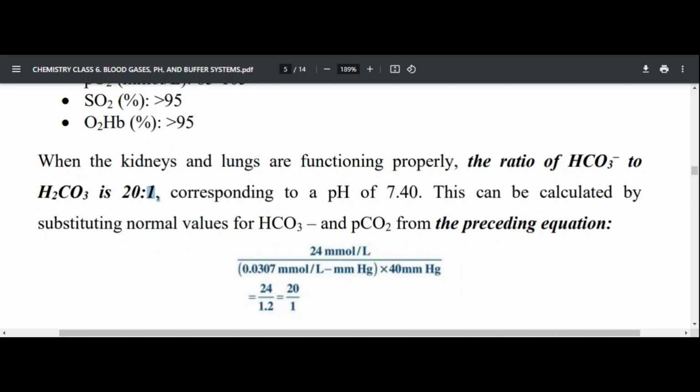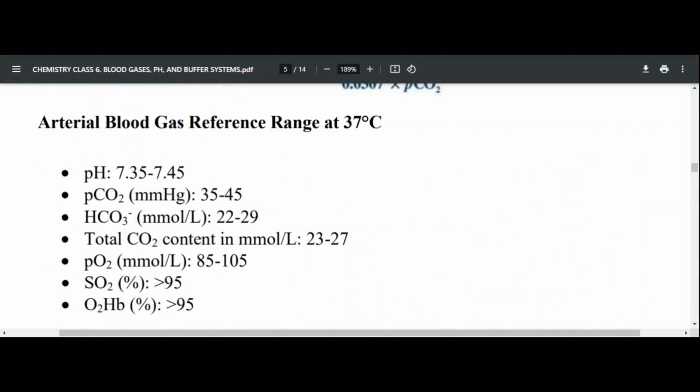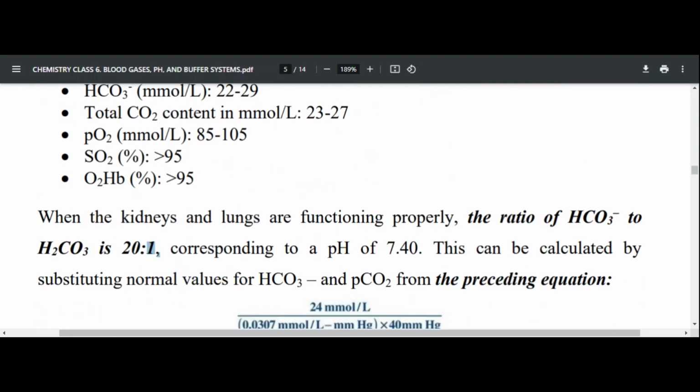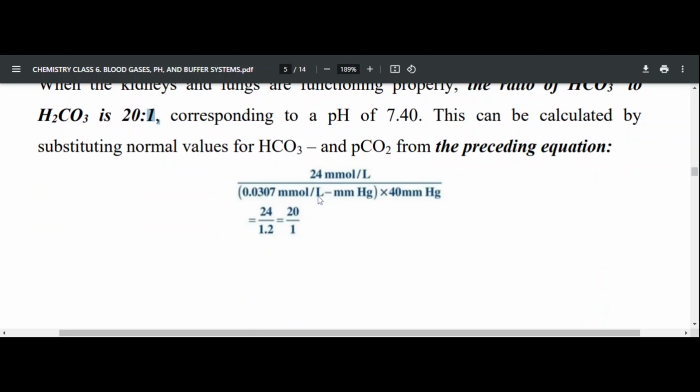So then you can substitute our variables using this formula. When you substitute the bicarbonate, which is 24, over the partial pressure of CO2, we get the ratio of 20:1. So the ratio of 20:1 is very important. For example, here we have 24 as a numerator.